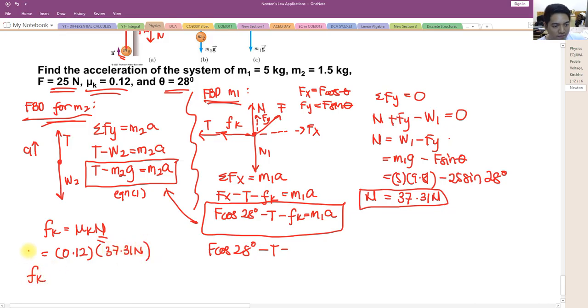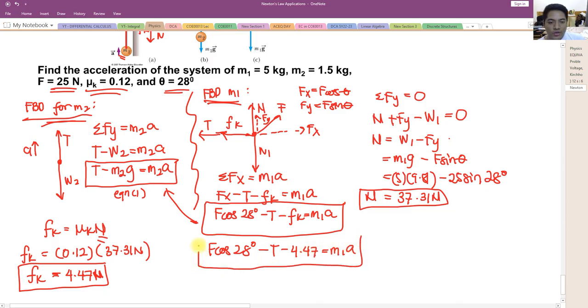So the kinetic friction force will now be 4.47 newtons. This is what we are going to input here instead of fk. So that is F cosine 28 degrees minus T minus 4.47 equals m sub 1 a.